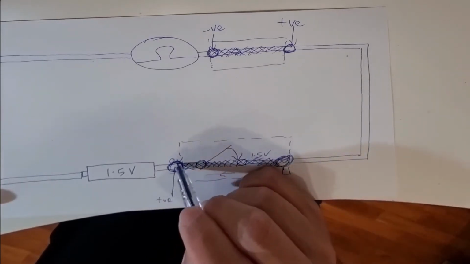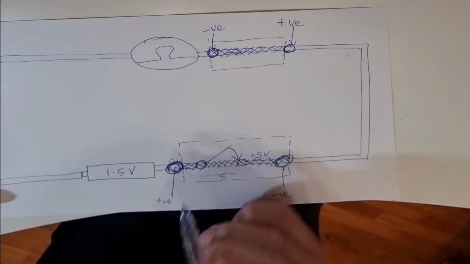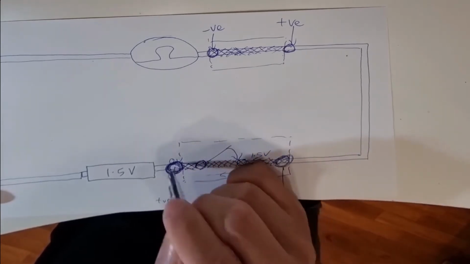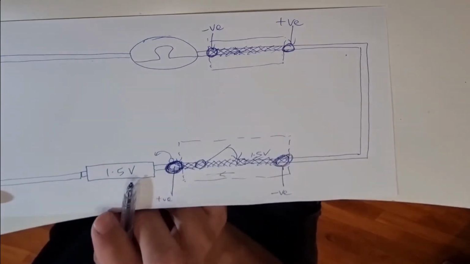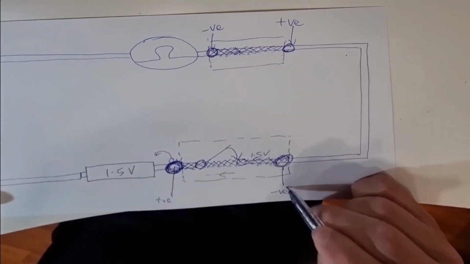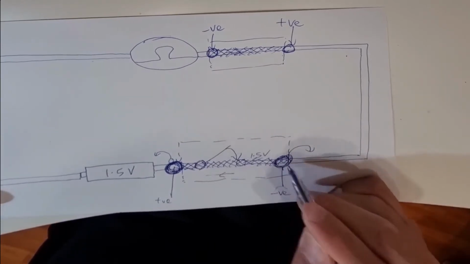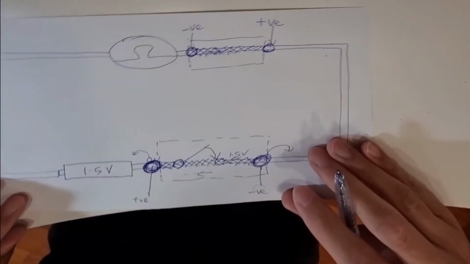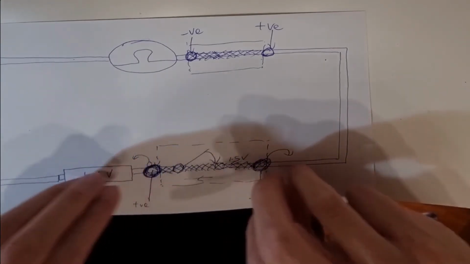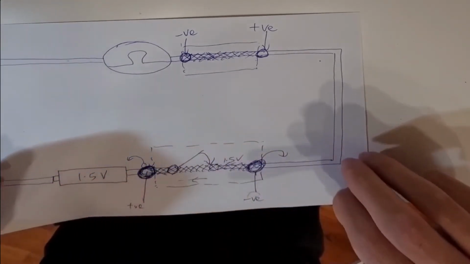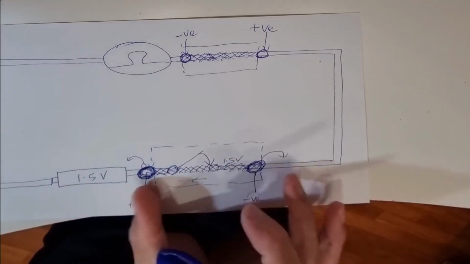This net positive accumulation of charges would move a little bit more to the left, and this net negative will move a little bit more to the right. So as this shifts, the net positive and net negative shift. As it continues to shift, it is enough for the current to continue flowing.